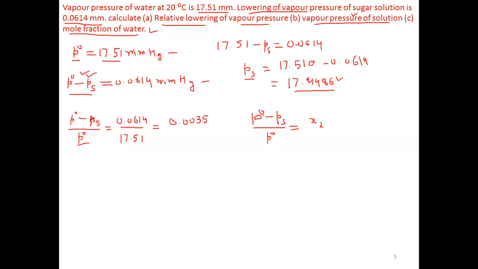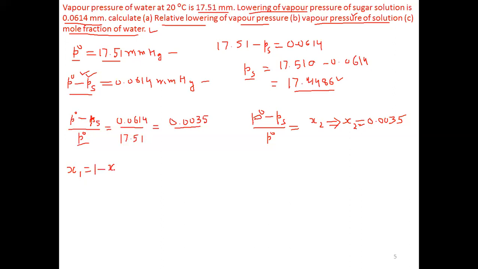Now this P naught minus Ps by P naught we have calculated, it is 0.0035. So it gives us that mole fraction of solute X2 is equal to 0.0035. But we have to calculate the mole fraction of water, which is the solvent. We can easily calculate. So mole fraction of solvent X1 is equal to 1 minus X2.